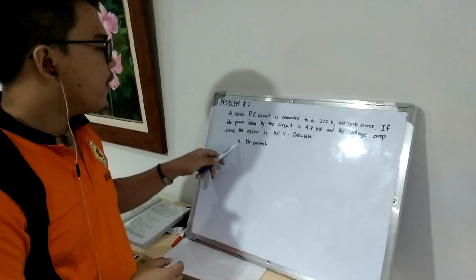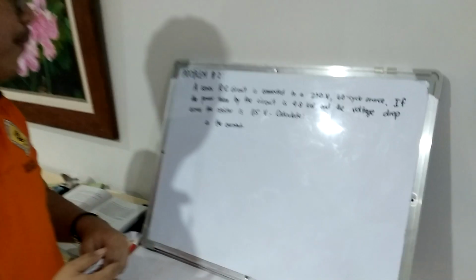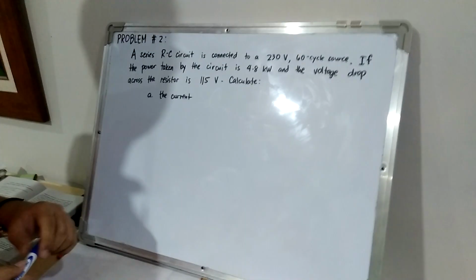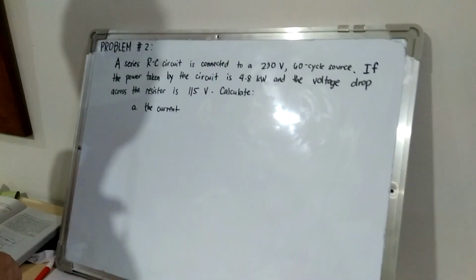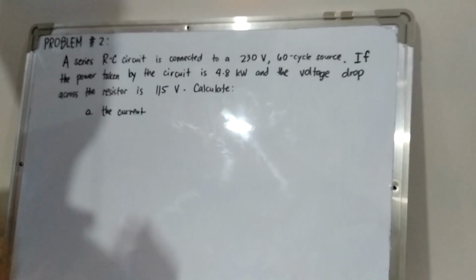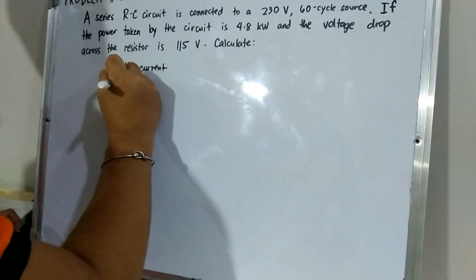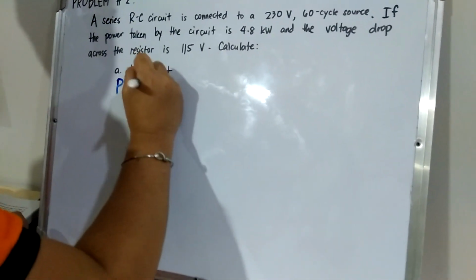So first, calculate the current. We have a value for the power, so we will use the formula P is equal to IV.